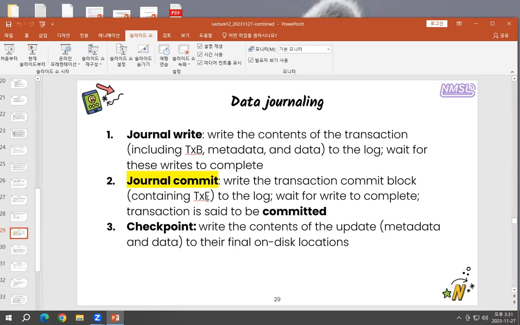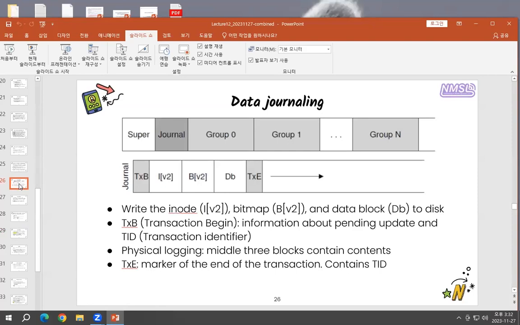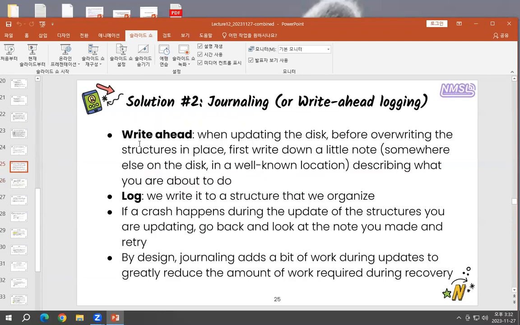Was there somebody else here? 46. This one? Yeah. Oh, this is per, so, okay.